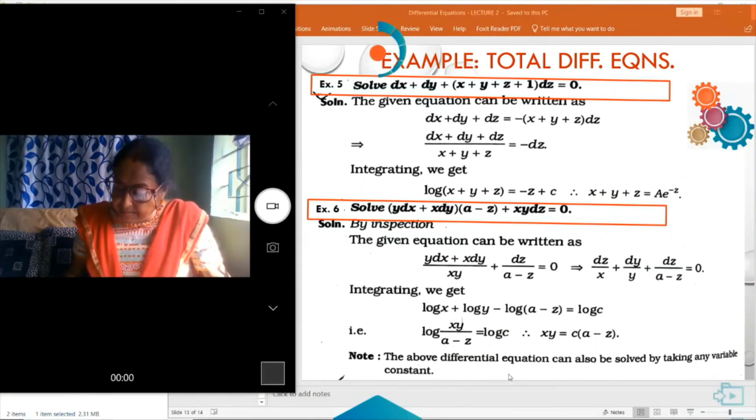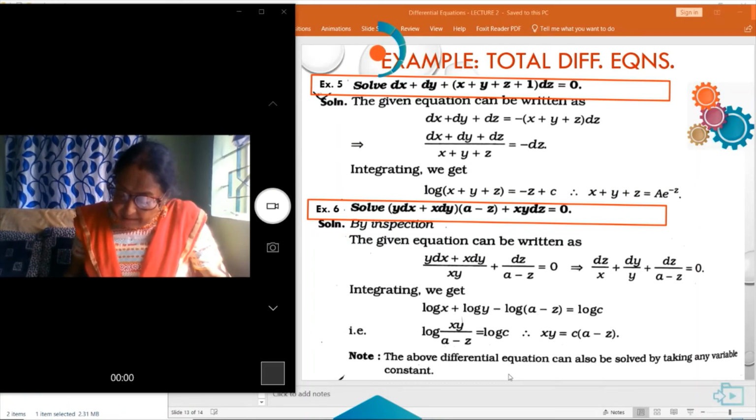Now take another example. Solve y dx plus x dy into a minus z plus xy dz is equal to 0. So by inspection we can see that y dx plus x dy, when we divide it by xy, we can write it this way: y dx plus x dy divided by xy plus dz by a minus z is equal to 0.